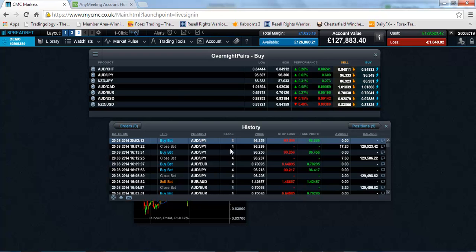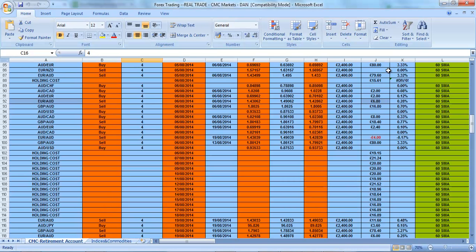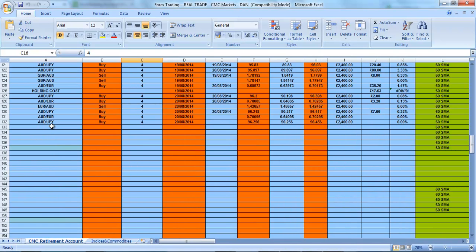So I'll just go straight into my trading diary, and then anywhere will do. Here I'll just put in AUD slash Japanese yen, and then I have bought, so I'll put in buy, and then the pound per point is 4.